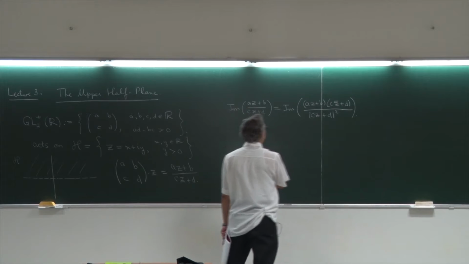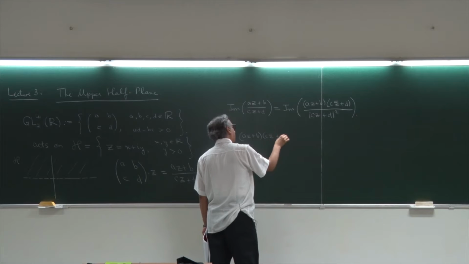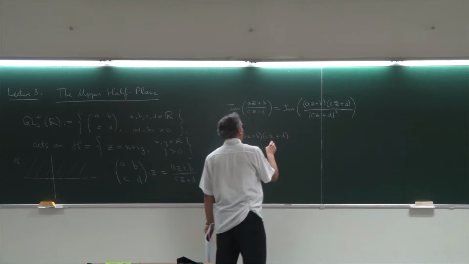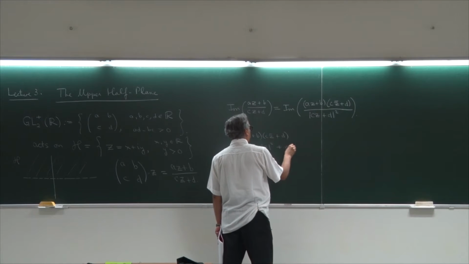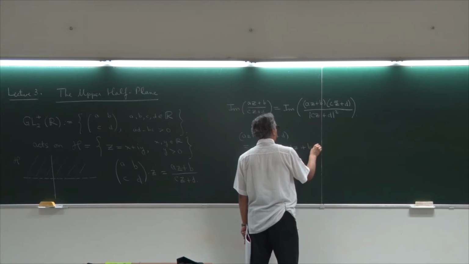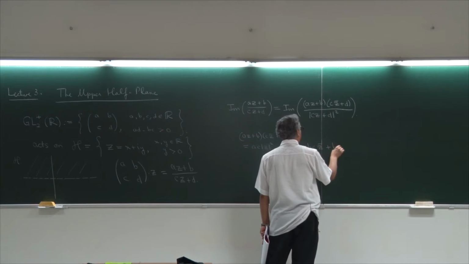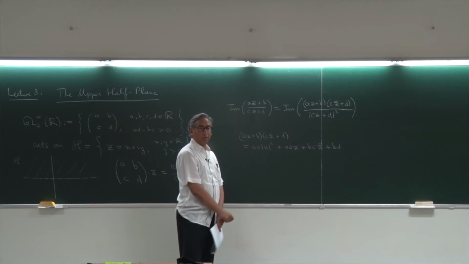You calculate the numerator, and it turns out to be AC |Z| squared plus AD Z plus BC Z bar plus BD. That's what the product is, and we're interested in the imaginary part of this.